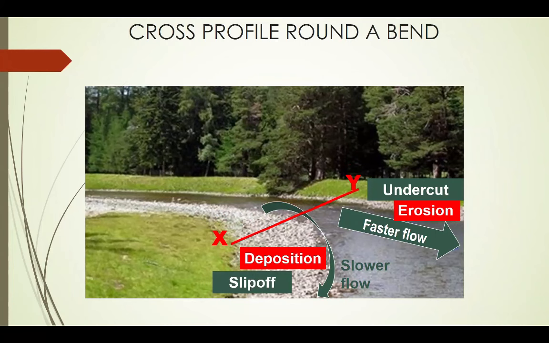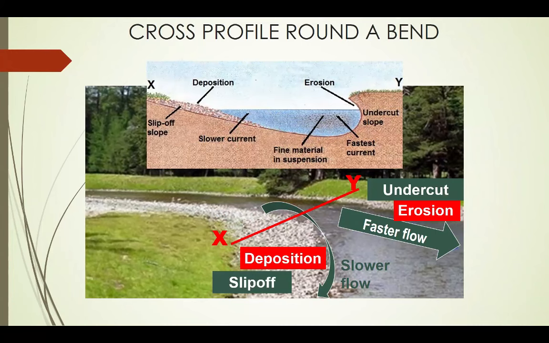And then if you are to draw a cross section of a meander, you must know it is either a tick that is straightforward or a tick that is in reverse. So where you have your undercut, it will be deeper, and where you have the slip-off, it will be shallow. So you just draw a tick like that, depending on which side. Here the river is deeper because it's the undercut side, and this side is shallow.